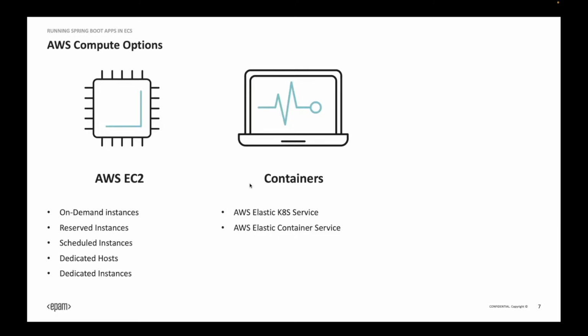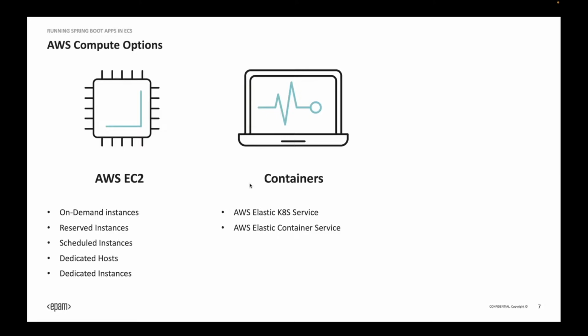Speaking about Kubernetes in the cloud, it is quite a costly service because on the one hand, you're paying for the instances where your worker nodes run, and also you're paying for the control plane.